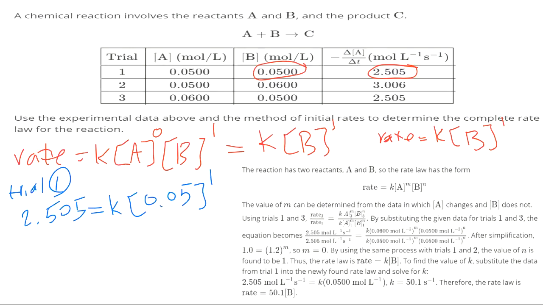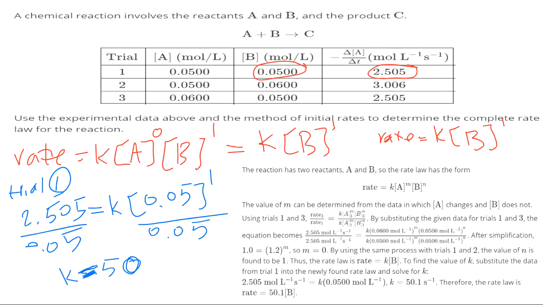You divide both sides by 0.05, and that gives you the value for k, and k equals 50. Use your calculators. You are always allowed to use your calculator. So it's going to be 50.